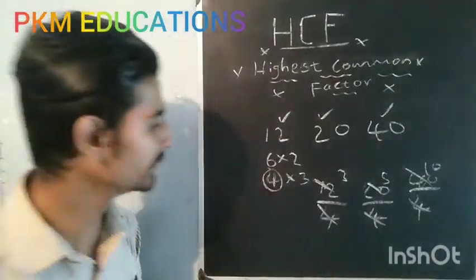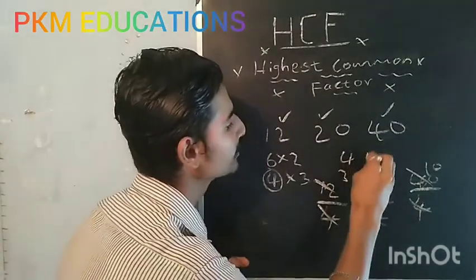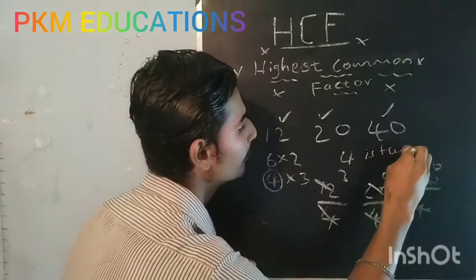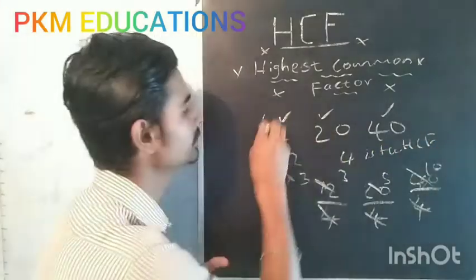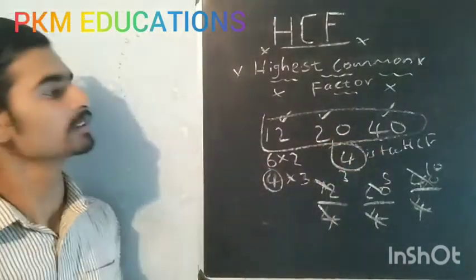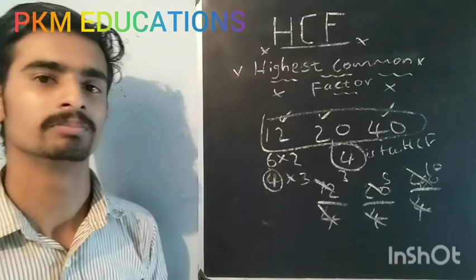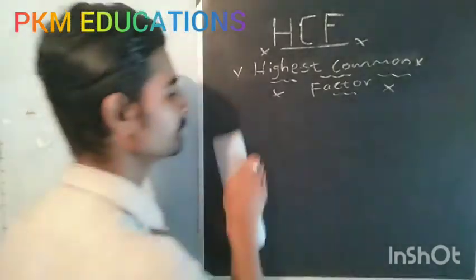Then we can say 4 is the HCF of these three numbers. I am writing another example here. This is the shortcut way of finding the HCF.